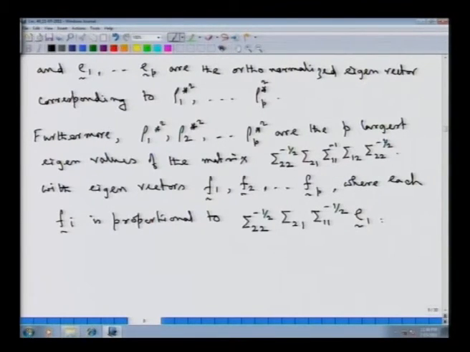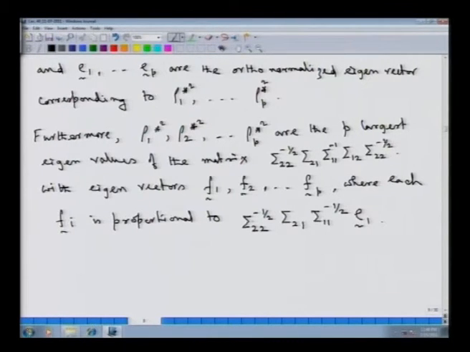So, this is the relationship between the eigenvectors of that A prime matrix, which were E1, E2, EP, and F1, F2, Fp, the orthonormalized eigenvectors corresponding to the p largest eigenvalues, which match for the two matrices. The orthonormalized eigenvectors satisfy the relationship that each Fi is proportional to sigma 2 2 to the power minus half, sigma 2 1, sigma 1 1 to the power minus half times Ei.